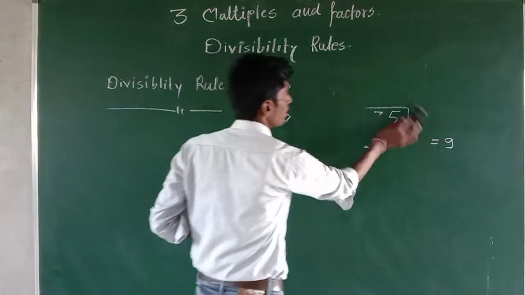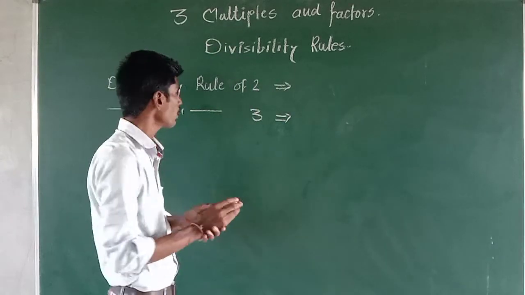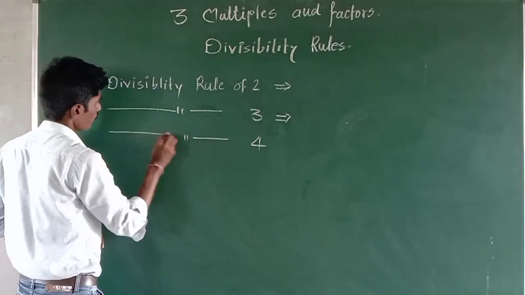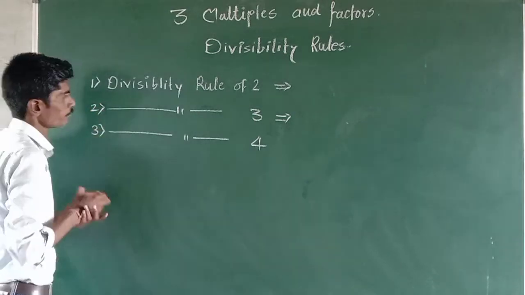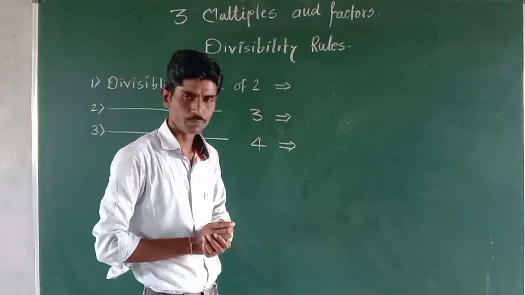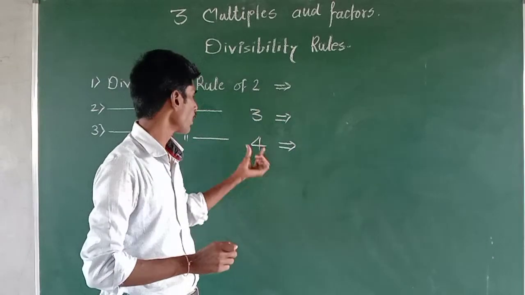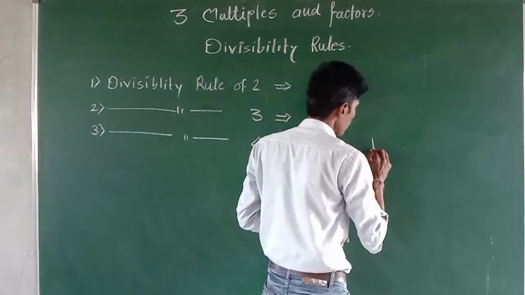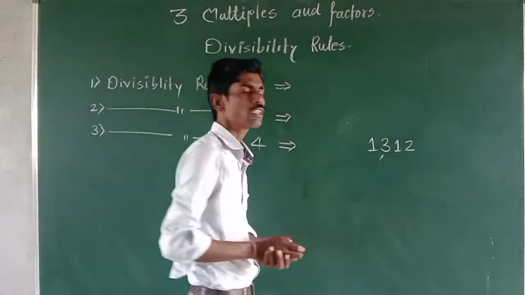Then the divisibility rule of 4. Suppose the number is 1, 3, 1, 2. If the last two digits of any number are divisible by 4, then the whole number is divisible by 4. In 1312, the last two digits are 12.